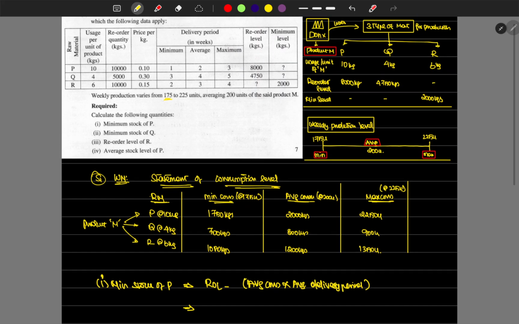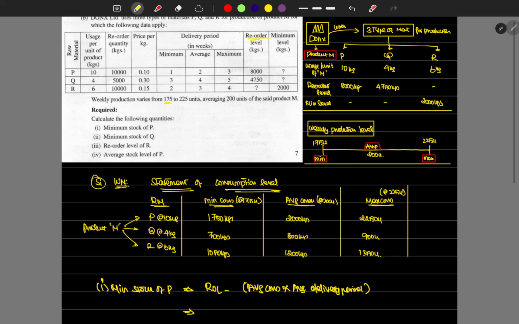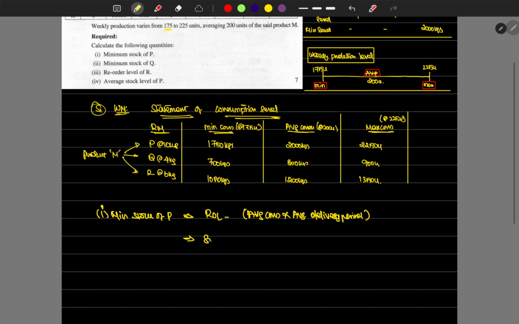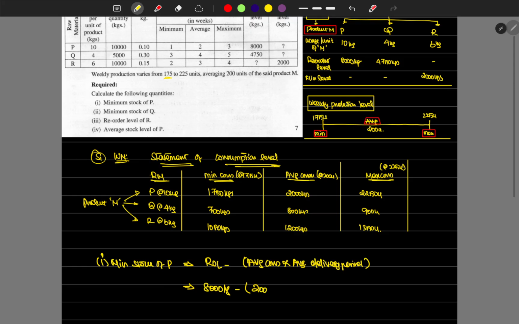The reorder level given here is 8,000 kgs, minus average consumption of 2,000 kgs into the average delivery period of 2 weeks.